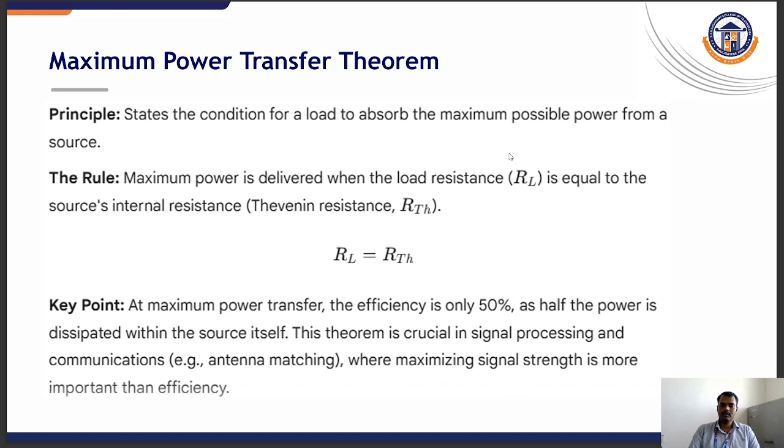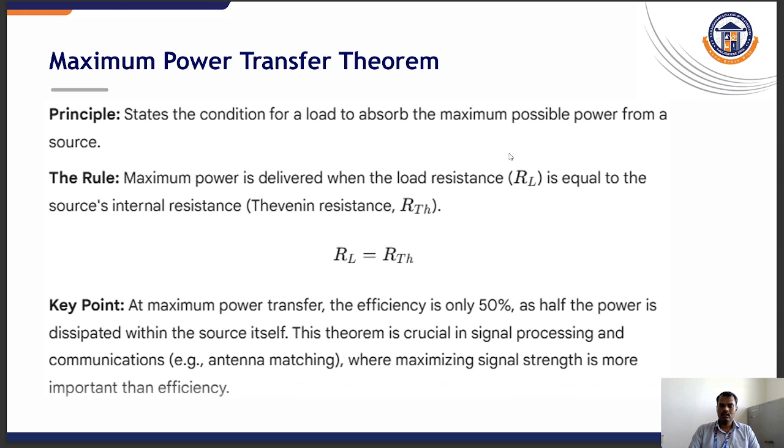And the next is the maximum power transfer theorem. The maximum power transfer theorem is the condition for the load to absorb the maximum possible power from the source. So here the maximum power is delivered when the load resistance RL is equal to the source internal resistance, that is RL is equal to RTH.